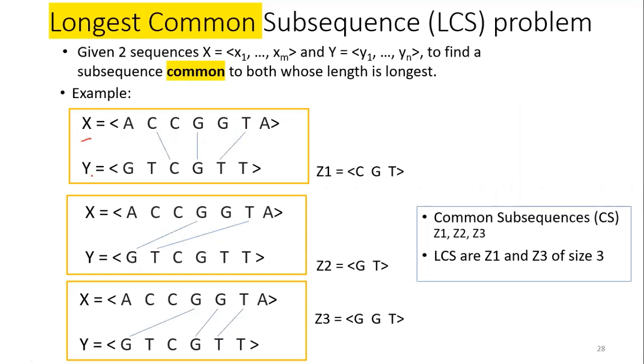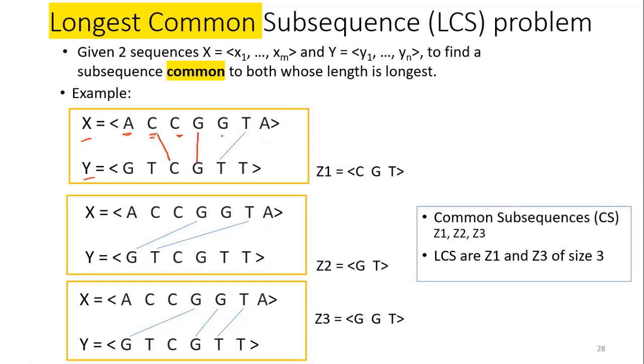So let's say X and Y, these are the same X and Y. I've just shown you different subsequences. For example, you could start from here. You could say, well, is A appearing in Y? Well, A is not appearing, so let's look at C. Is C appearing in Y? It does appear, so there is a match over here. The next C is not matching, so is G matching?